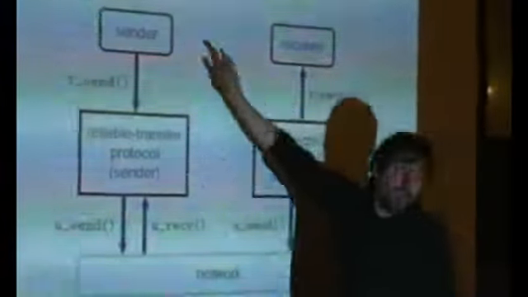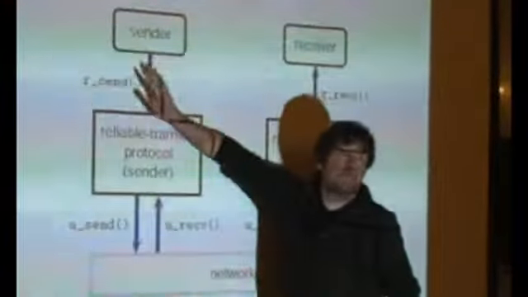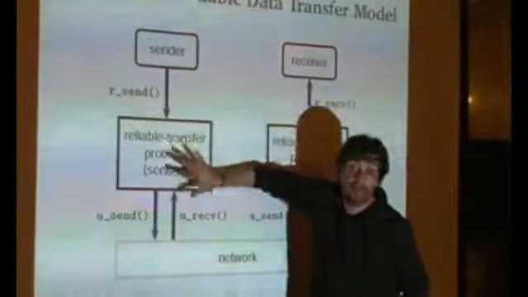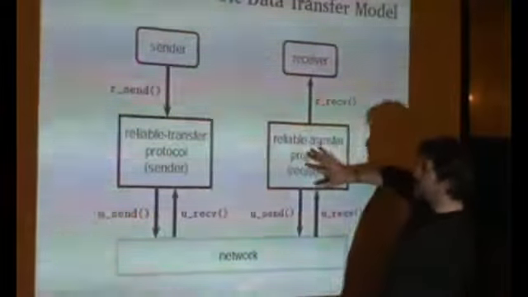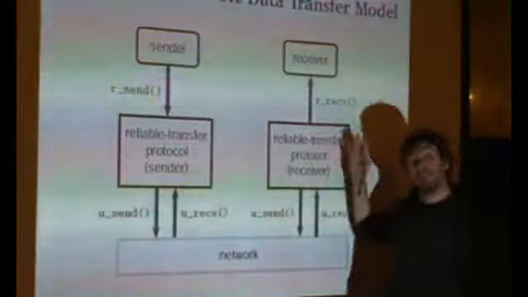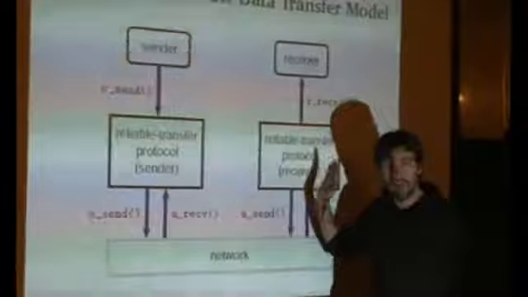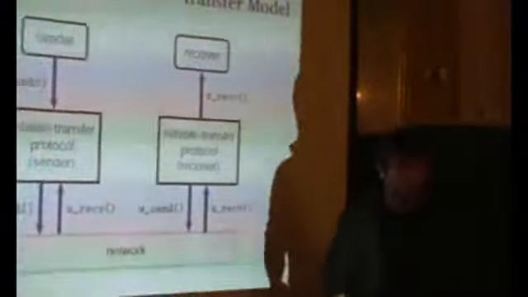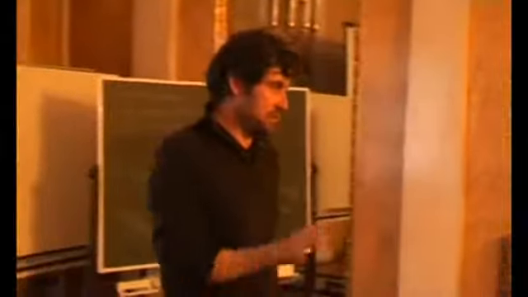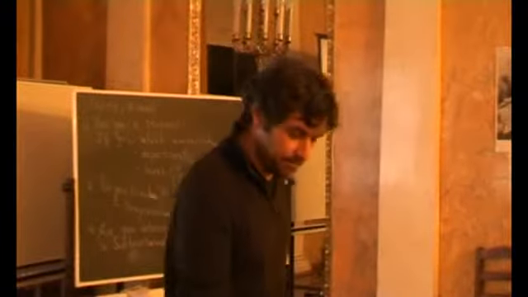We have a different algorithm here, the sender side of the reliable transport layer, and then the reliable receive on the receiver side. So there are two different algorithms. Is this clear? It should be pretty clear.